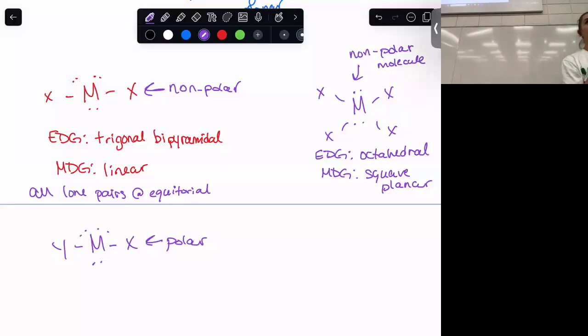Questions? Yes. As long as they are both in either the same axial or equatorial positions. For the first one, those were all in equatorial lone pairs. And the second one, they're in axial lone pairs. They just need to be in the same plane.